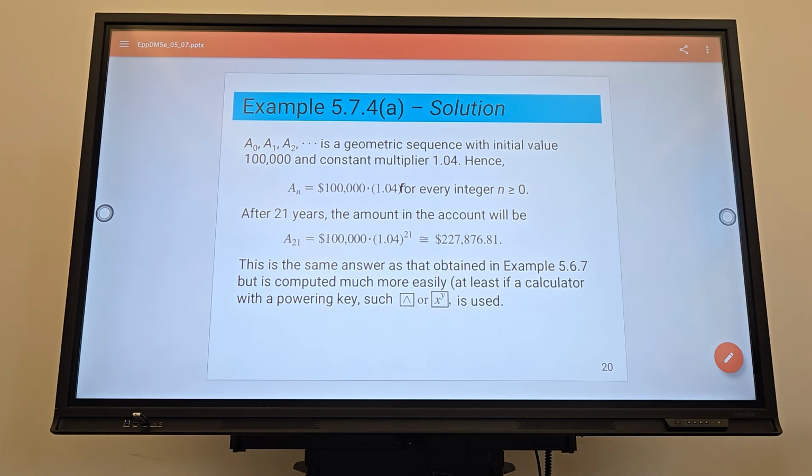After 21 years, the amount in the account would be 100,000 times 1.04 to the 21st power, approximately equal to $227,876.81. This is the same answer as that obtained in example 567, but is computed much more easily, at least if a calculator has a powering key.